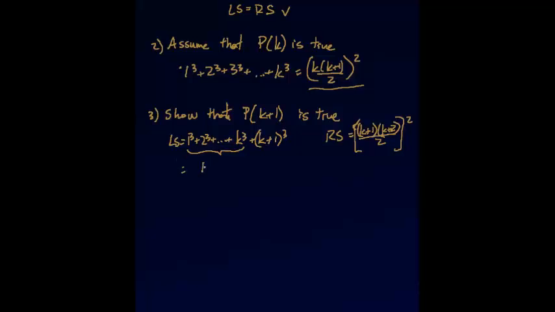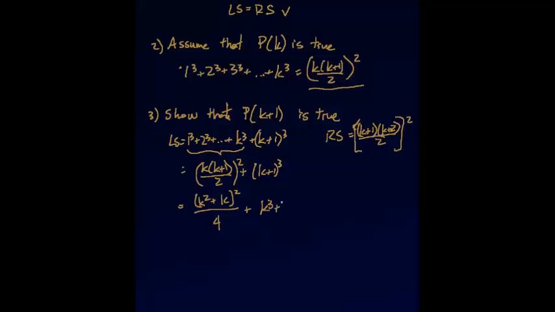So here we put that right in: (k times (k plus 1)) squared over 4, plus (k plus 1) cubed, which we can simplify. We have (k squared plus k) squared, I first squared the denominator, first squared the numerator in the next step, plus (k plus 1) cubed.